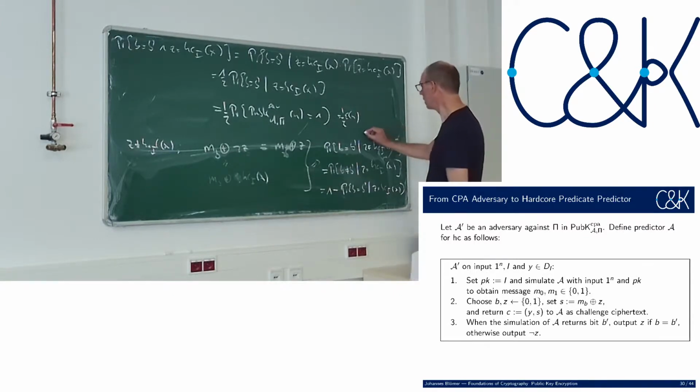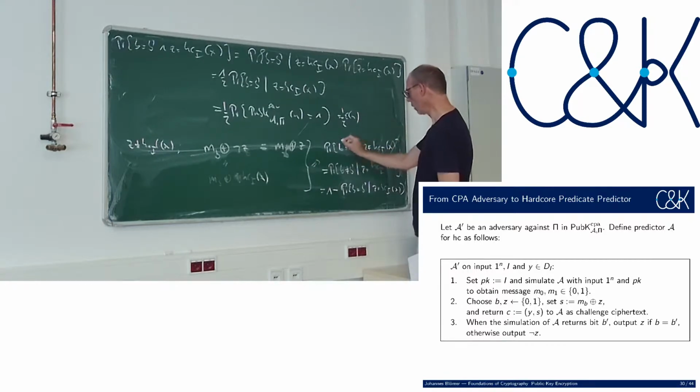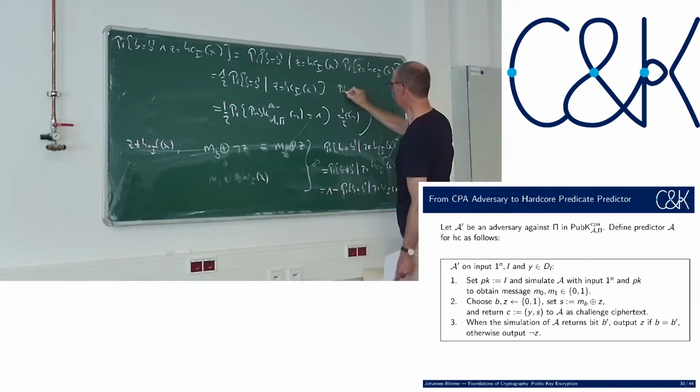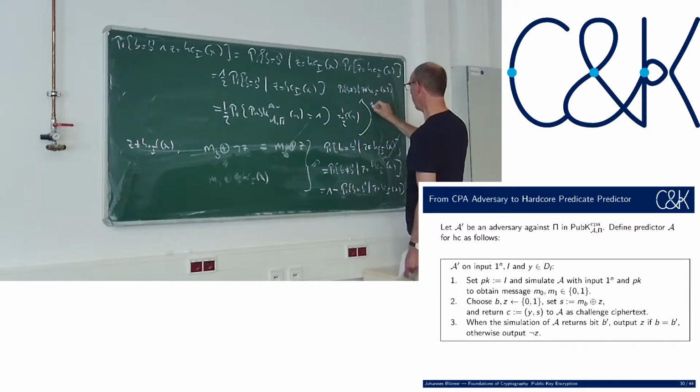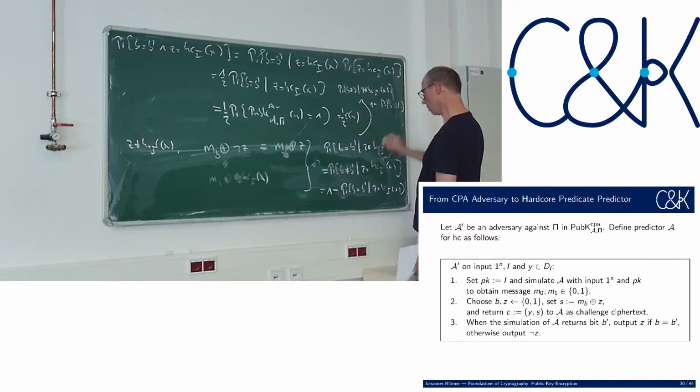Which means that the probability, this here 1 minus this here, so the probability B is not equal to B prime conditioned on Z is not equal to HCI of X, is 1 minus the probability B is equal to B prime conditioned on Z is equal to HCI of X. Okay?